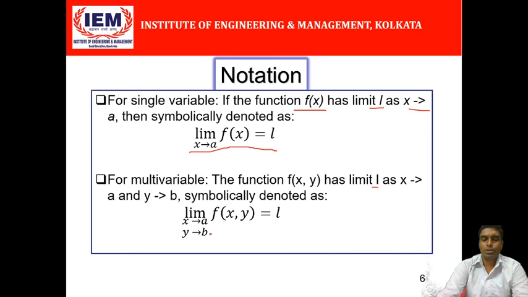It will be like this: x tends to a, y tends to b, of f(x, y) equal to L. As there are two independent variables, we write them one by one.